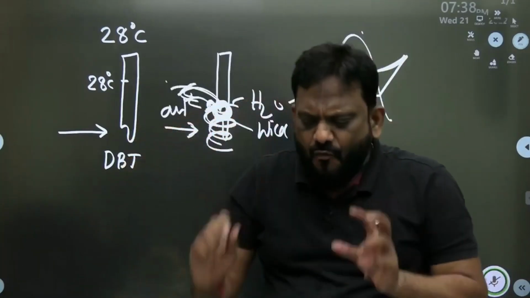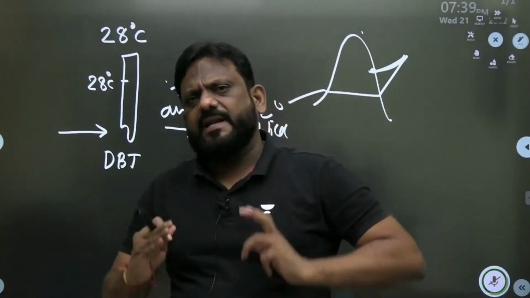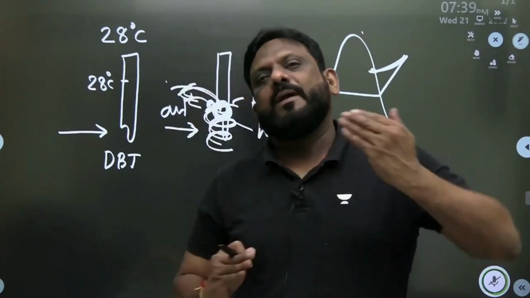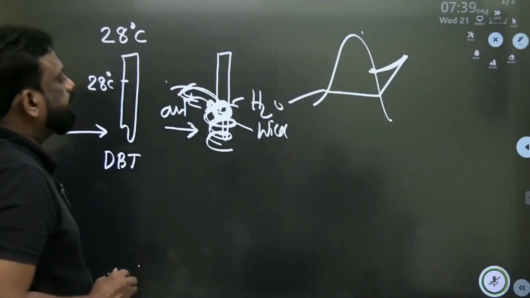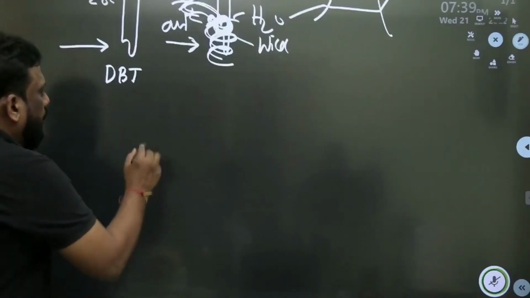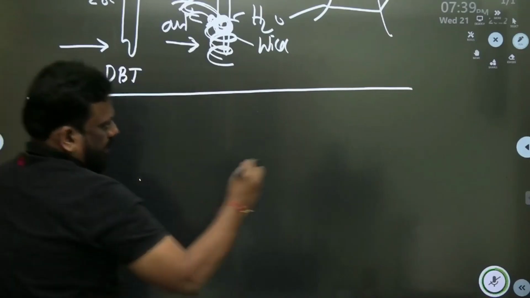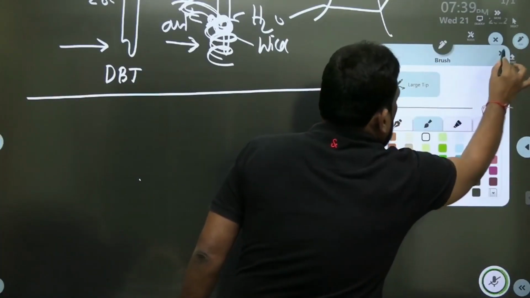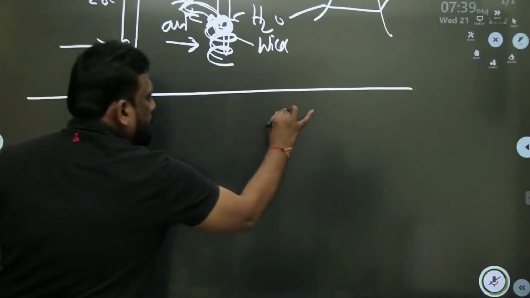Now observe, sirs, what physically it is representing. All these details I had explained in my regular classes, but now I will tell you something more about this wet bulb temperature. Let us take two different situations, situation 1 and situation 2.